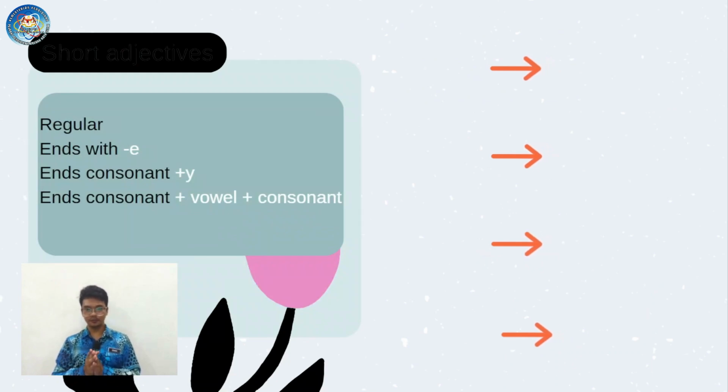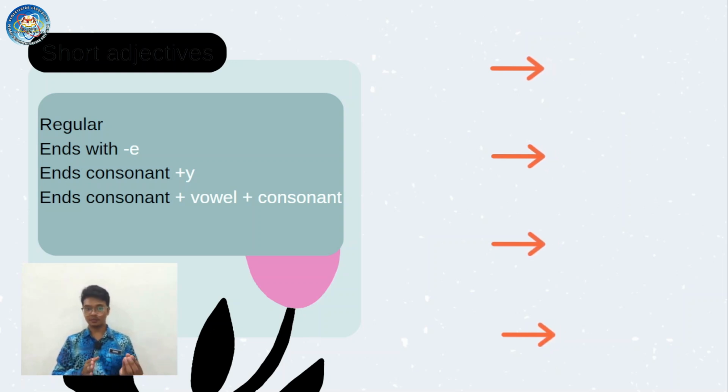So, for these comparative adjectives, we actually have three types. The first one is short adjectives, and then we have long adjectives, and also we have irregular adjectives. But before that, let's take a look at the first one, which is short adjectives, also known as regular comparative adjectives.